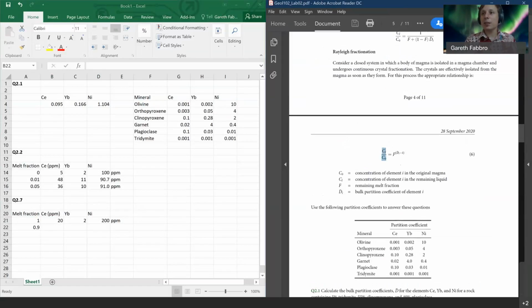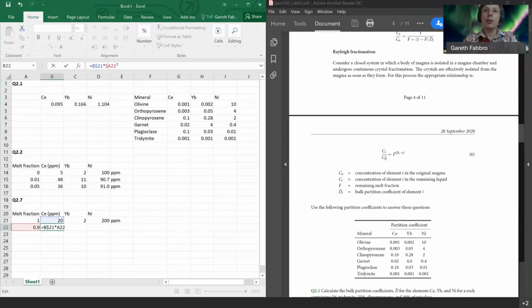We multiply both sides by C0, so this would be equal to C0 multiplied by F, this one. Then we don't want the row to change for our C0, and we don't want the column to change for our melt fraction. We put the dollar signs in the right place.